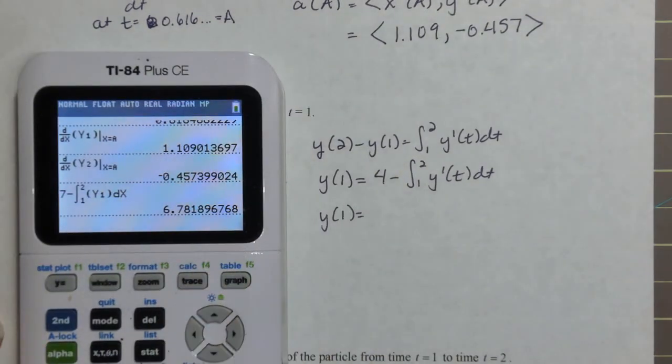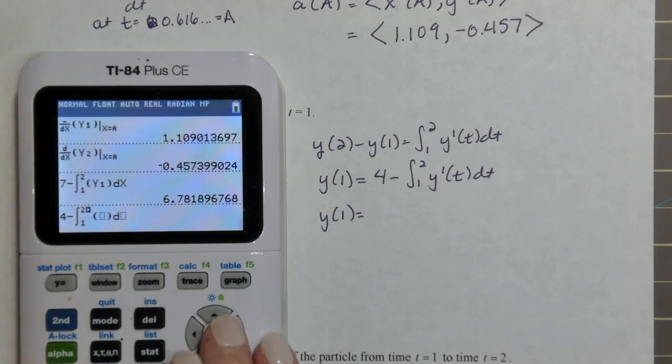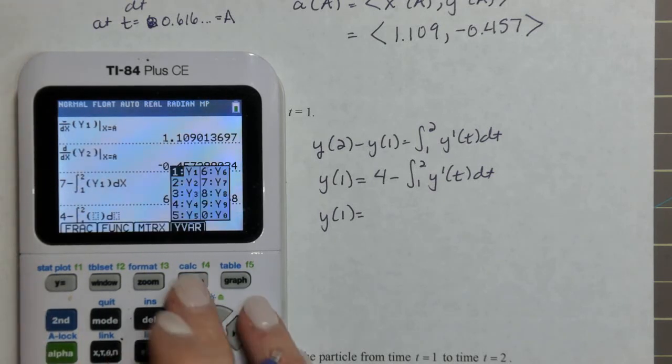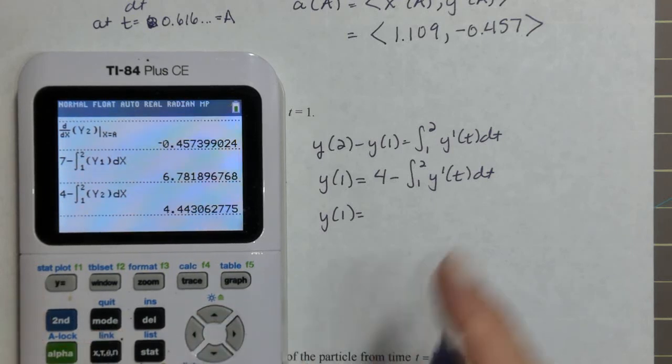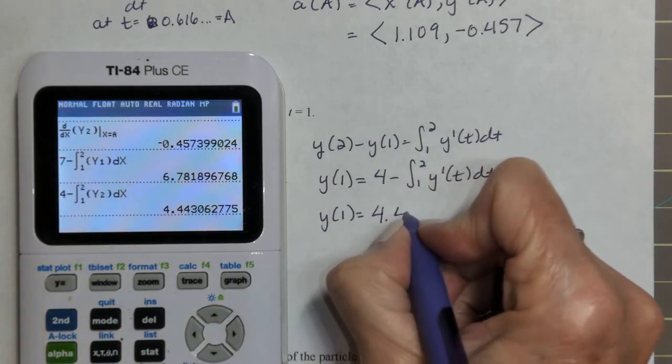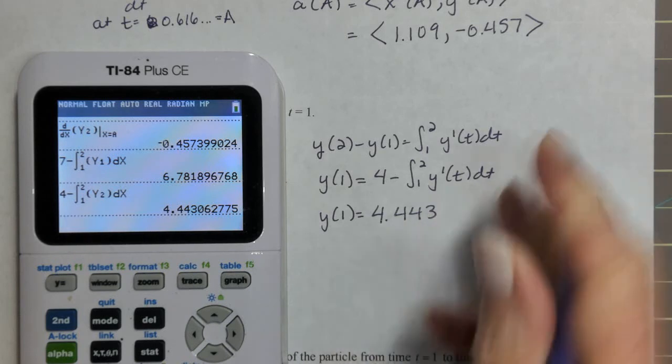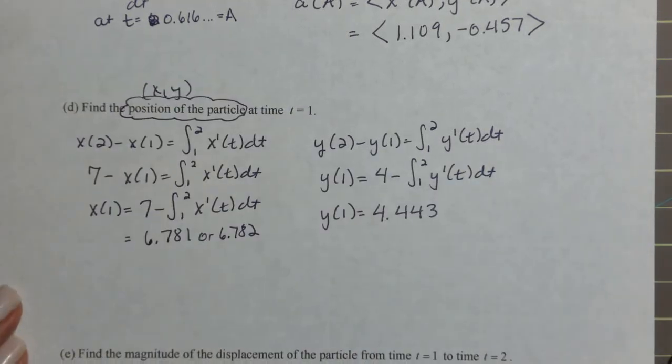And let our calculator do the work for us. So we have 4 minus integral 1 to 2 of our y2. 4.443 is the only one that they would accept there.